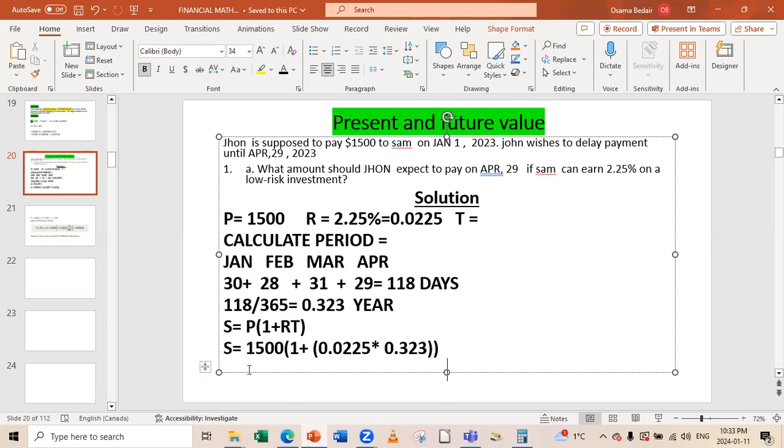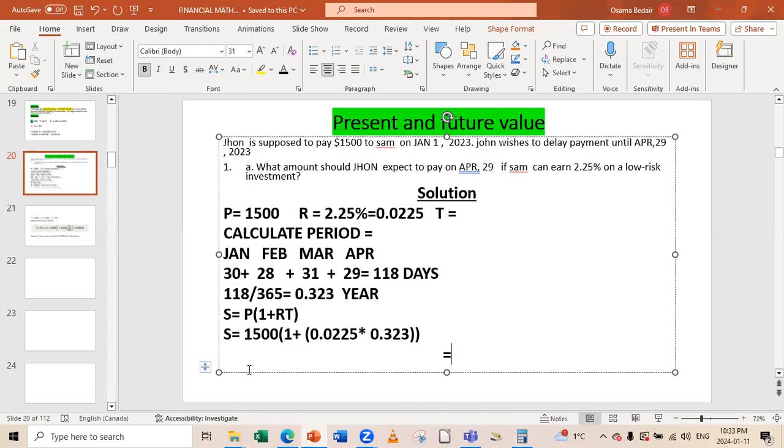So here I will take it this way, and I will say that will simply equal, let's move it to the left here. S will equal 1,500, open 1 plus the output which I got, 0.007.